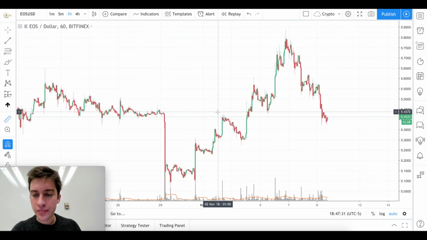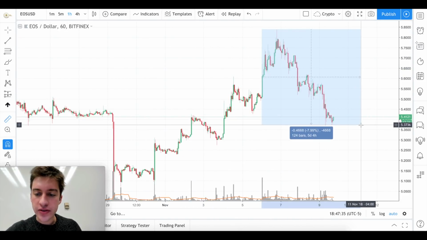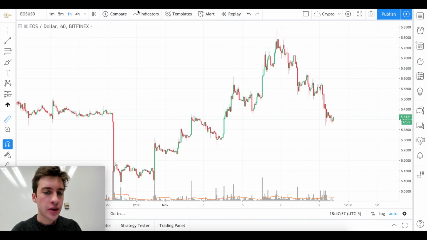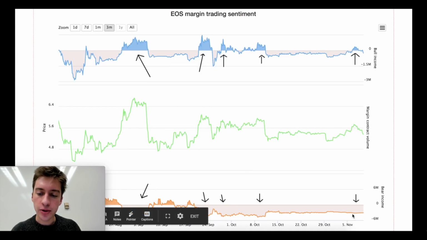Yep, and price went down further, as you can see. Price went down about 8% high to low, and this may have occurred because when we look here, we had profitable longs who likely sold off, and we had unprofitable shorts who may have added to their short or just not done anything, so price went down.